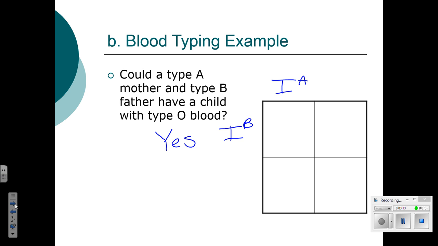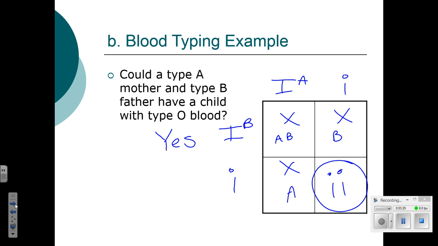The only way to get type O blood, though, is if they're both carrying that little recessive allele. So right down here is where that recessive allele would pop up. That's type O blood. Okay, not here because this is AB, not here because that would be type B, and not here because that's type A, but right here, that's where we get that type O blood. So the answer is yes, as long as they're carrying that recessive allele.